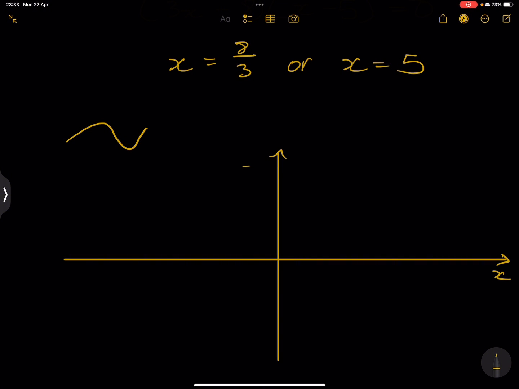So that's x and that is y. So I know at 8 over 3, I've got a turning point. Now because I know that I started in this case with an increasing function, it means first I'm going to have a maximum point. All right, and then I'll also have at x is equal to 5, our minimum point there.